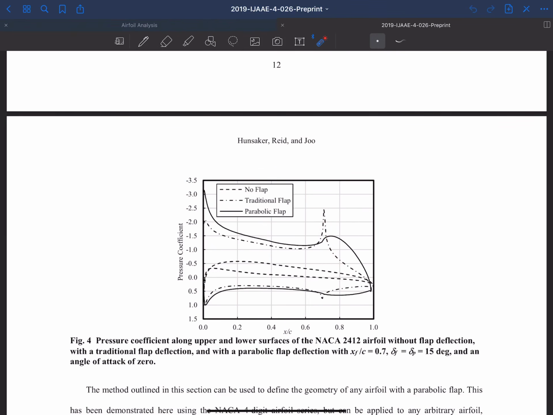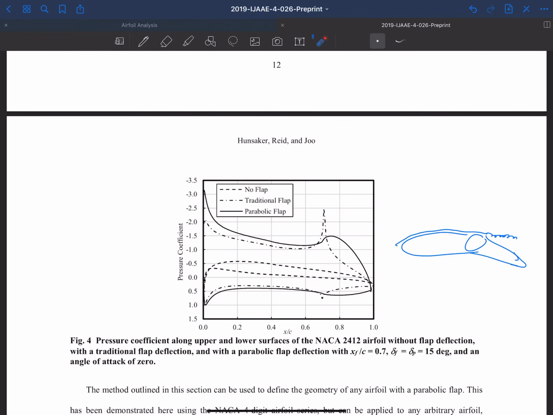This is one challenge with traditional flaps: you have to be careful about flow separation. I'll just draw a picture here. As the flow comes over here, sometimes this pressure gradient is too great and the flow will separate there. That's what we can see, that large pressure gradient right at the hinge point.